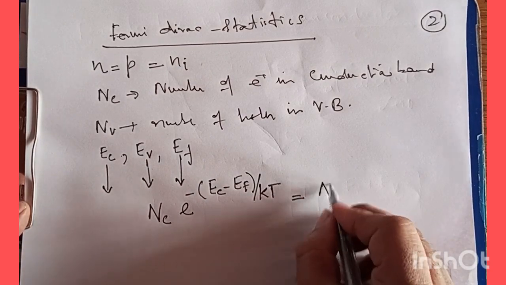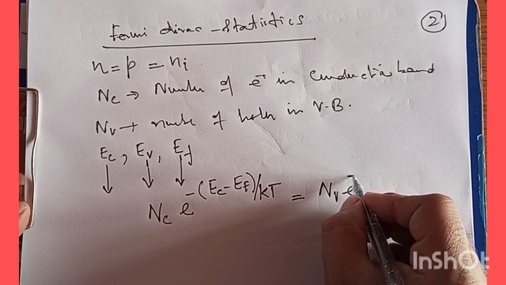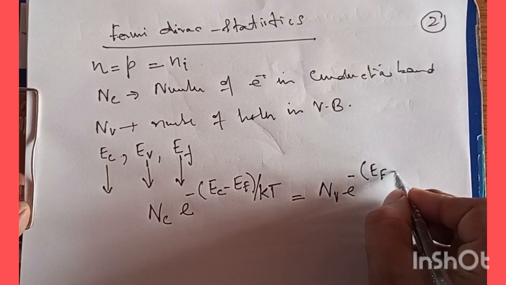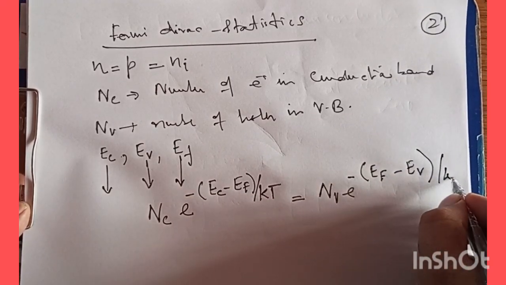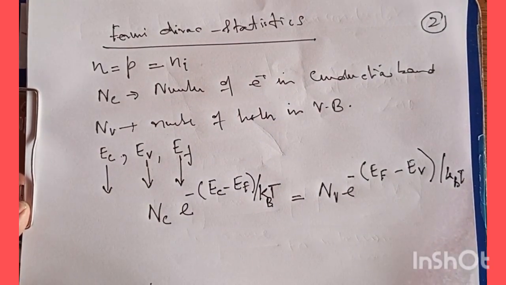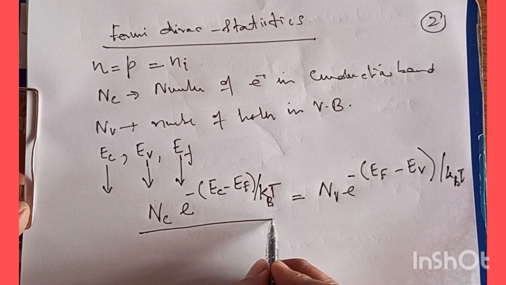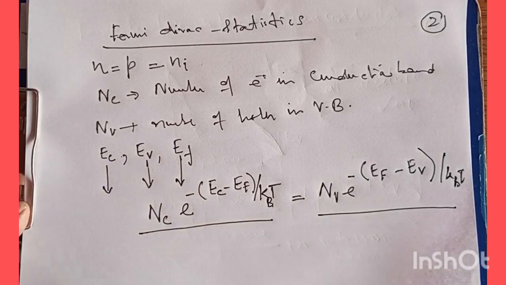For holes it is N_V e to the power of minus (E_F minus E_V) divided by k_B T, where k_B is the Boltzmann constant. This gives me the distribution of electrons in the conduction band, and this gives me the distribution of holes in the valence band.